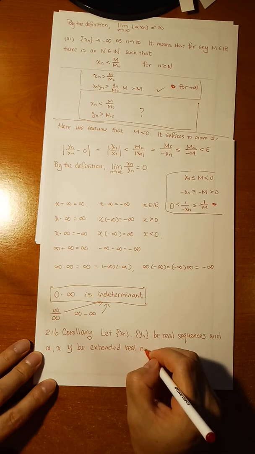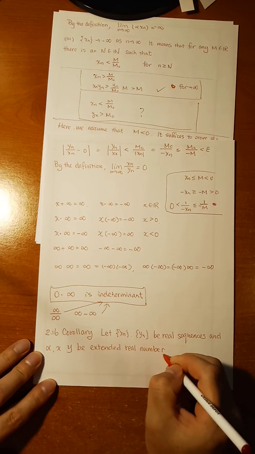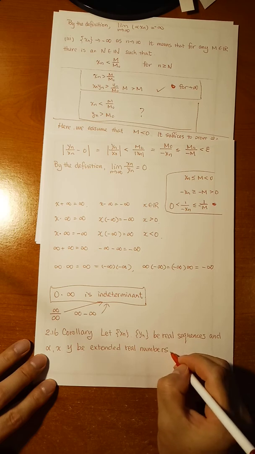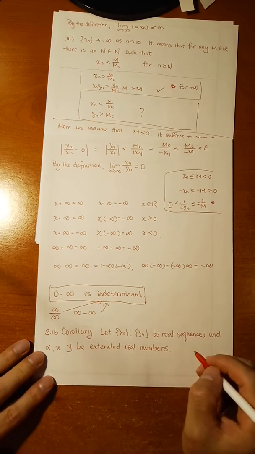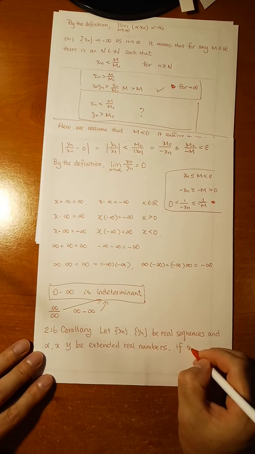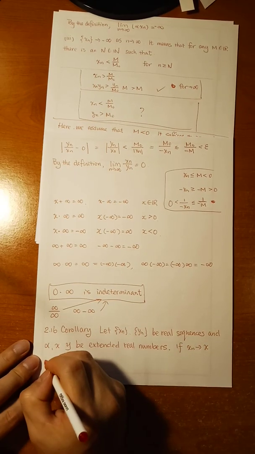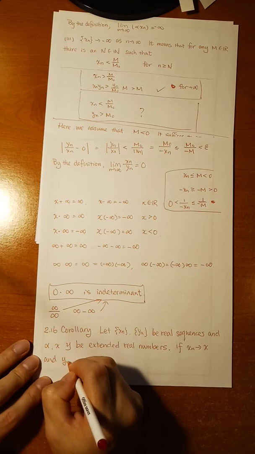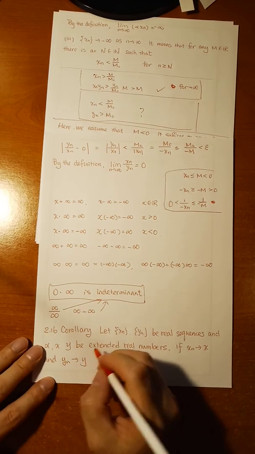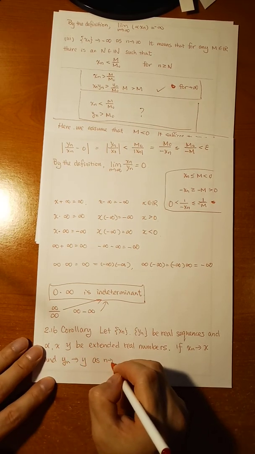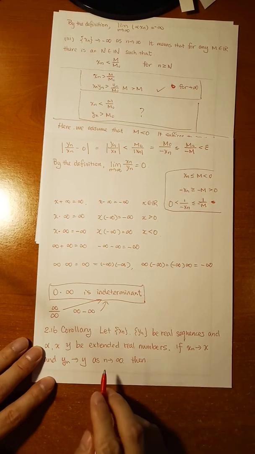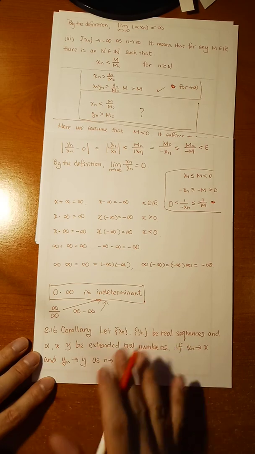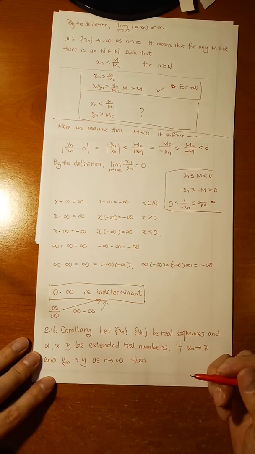Extended real numbers means we include plus and minus infinity: all the real numbers plus positive and negative infinity. If xn approaches x and yn approaches y as n approaches infinity, then you see n always approaches positive infinity because n becomes bigger and bigger, greater and greater, so it's always positive.